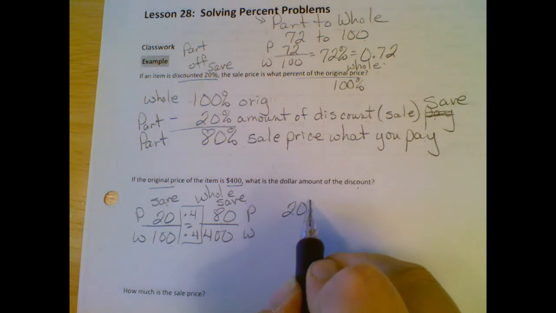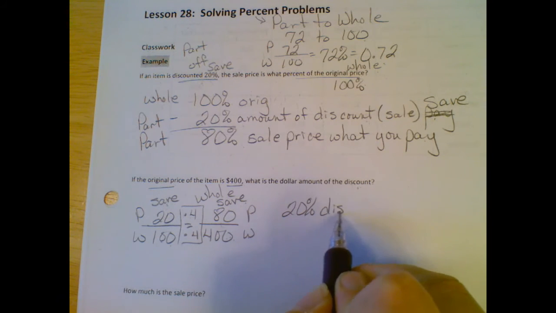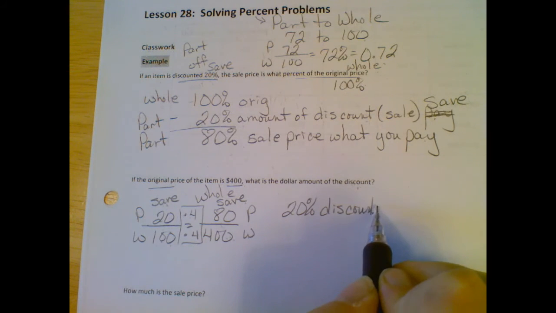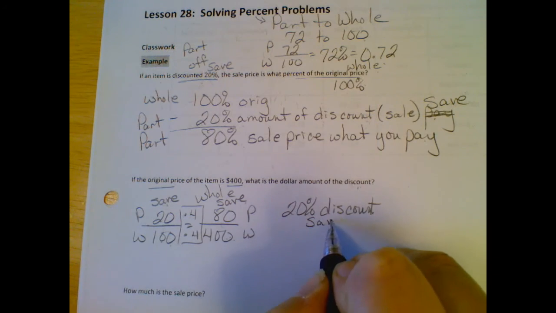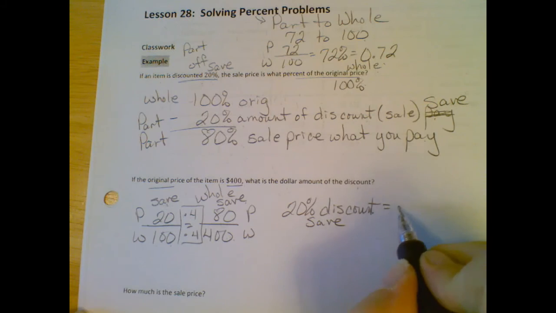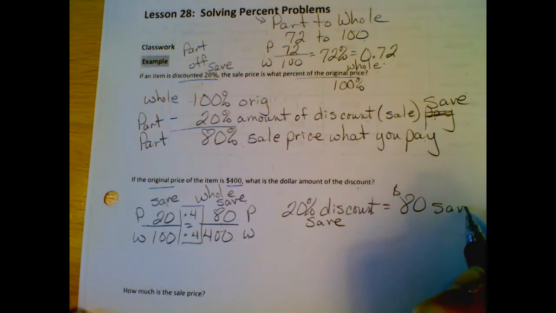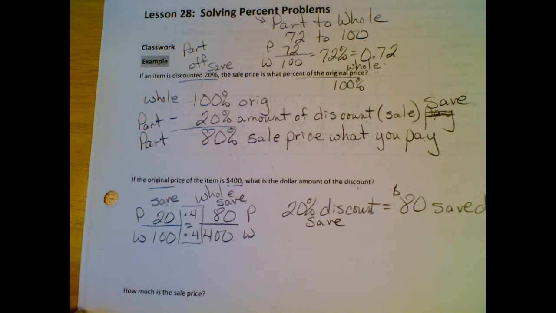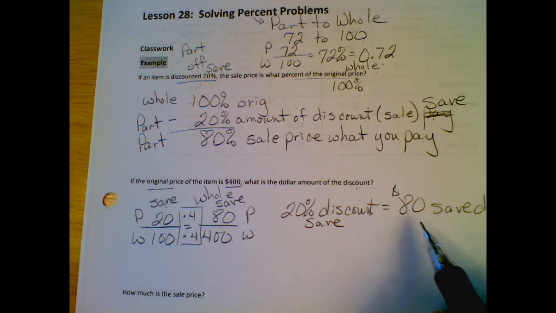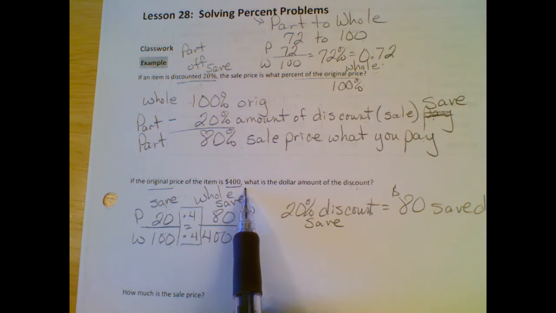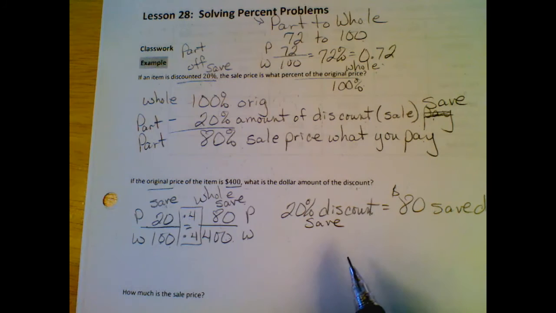So 20% discount. And that is what I save very specifically. It is $80 saved. So I have saved $80. The amount of the original price is $400.